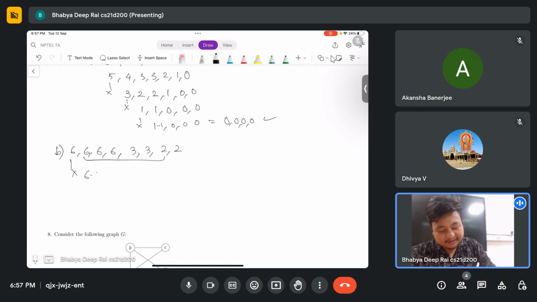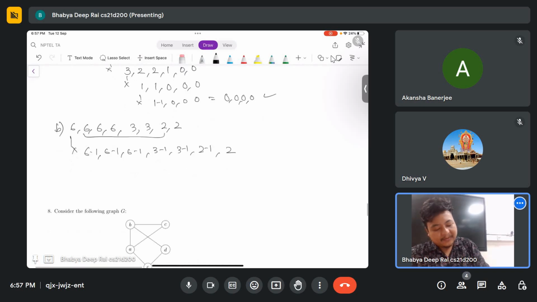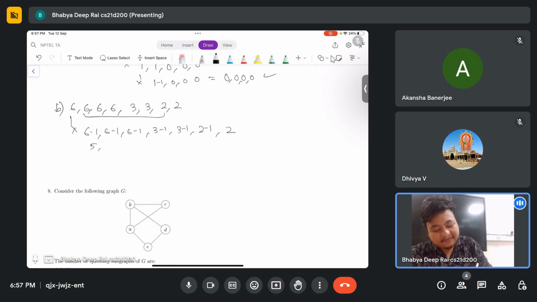Do 6 minus 1, 3 minus 1, 3 minus 1, 2 minus 1, 2. So this will become 5, 5, 5, 2, 2, 1, 2. Now since there is a 5, you have to take the first 5 elements. Now this will become 4, 4, 1, 1, 0, 2.